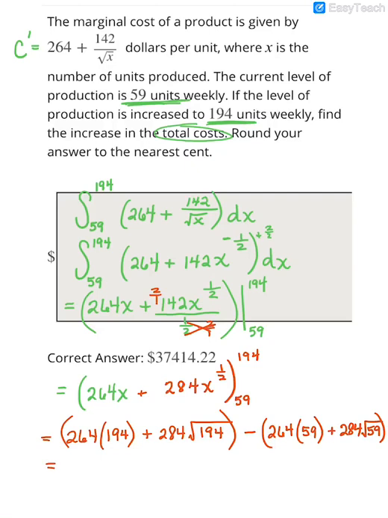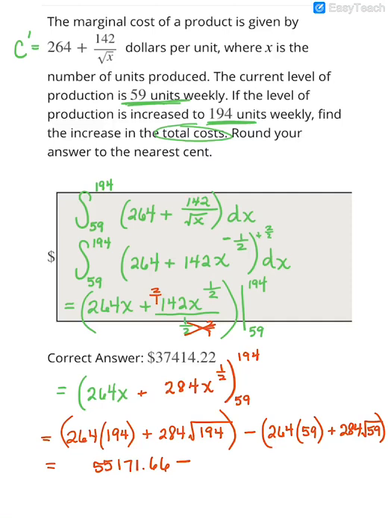So now I'm just going to get on a calculator. 264 times 194 plus 284 times the square root of 194 gives me $55,171.66. And then I'm going to do 264 times 59 plus 284 times the square root of 59.